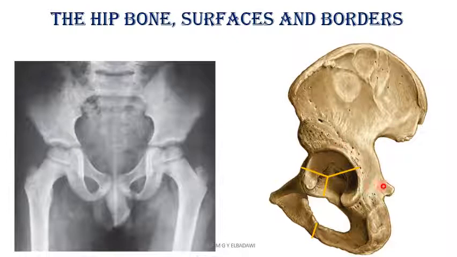Here you can see the greater sciatic notch and the lesser sciatic notch with the ischial spine in between. You can see the body of the ischium and the ischial ramus. These are the two parts of the ischium.